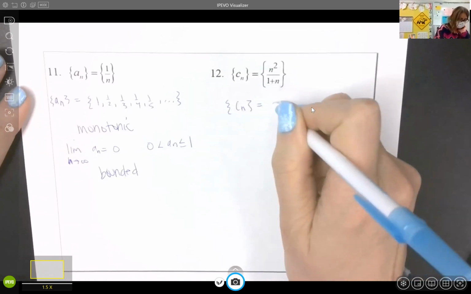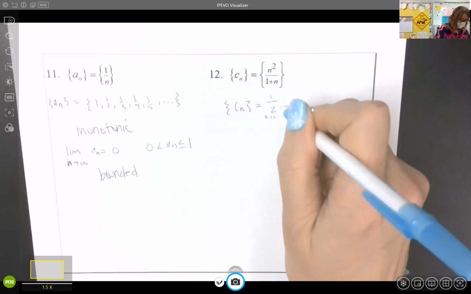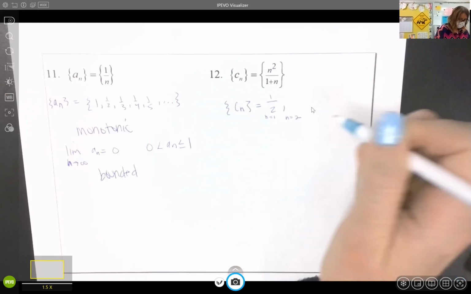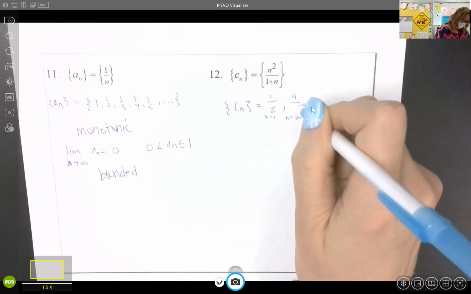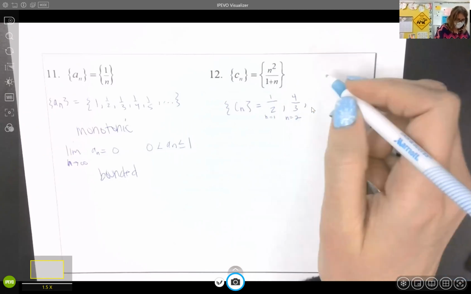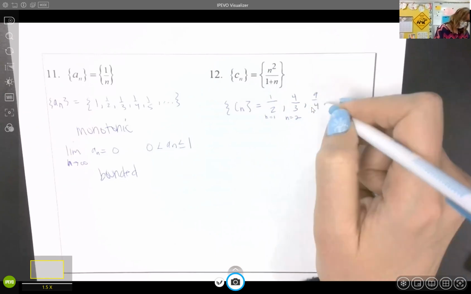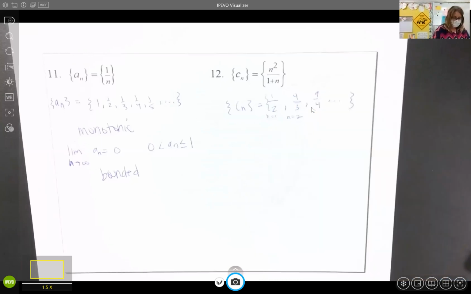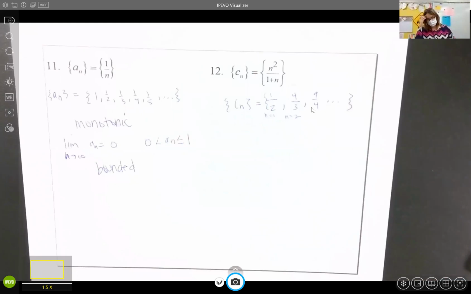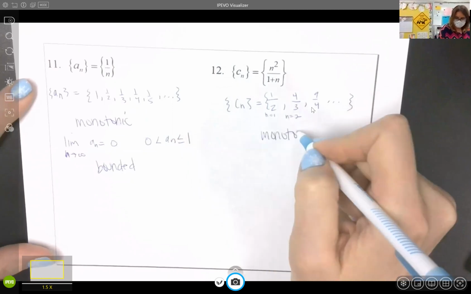Okay, plug in a 1. 1/2. Plug in a 2. 4 over. Plug in a 3. Okay. So is that strictly increasing or strictly decreasing? It's always going up a little bit, right? So monotonic.